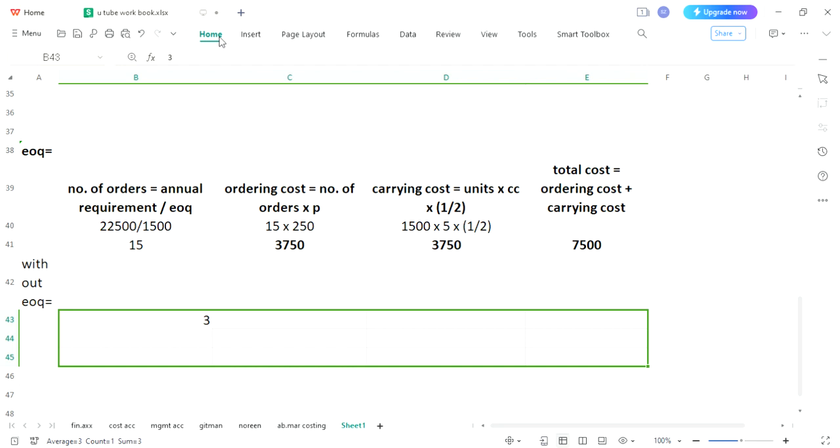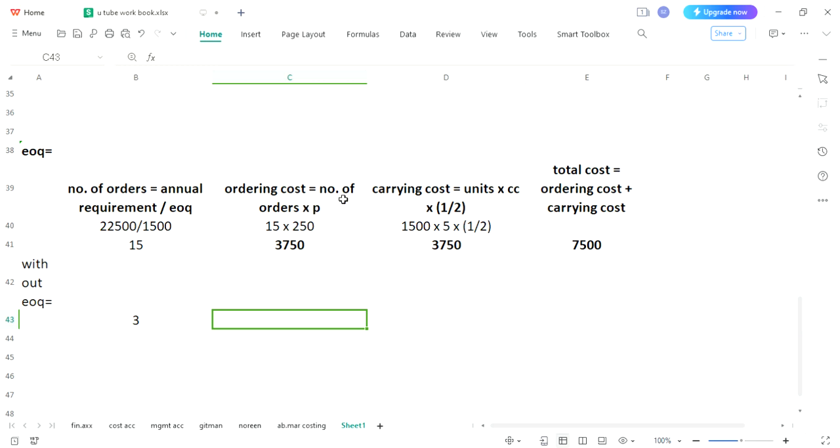If the number of orders is given in your question, you can easily calculate your ordering cost. And for ordering cost, you need to have the number of orders. Number of orders 3, and then you need to multiply it with the cost of placing an order, 250. It would remain the same. Statement is completed. Let's put it on our calculator. So we have got our ordering cost as 750.